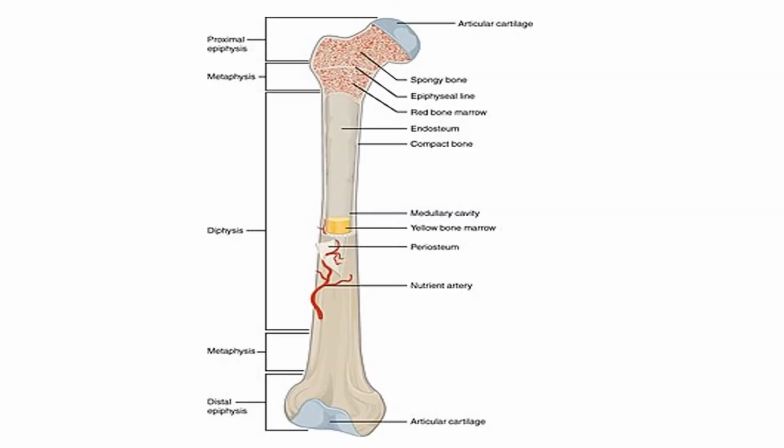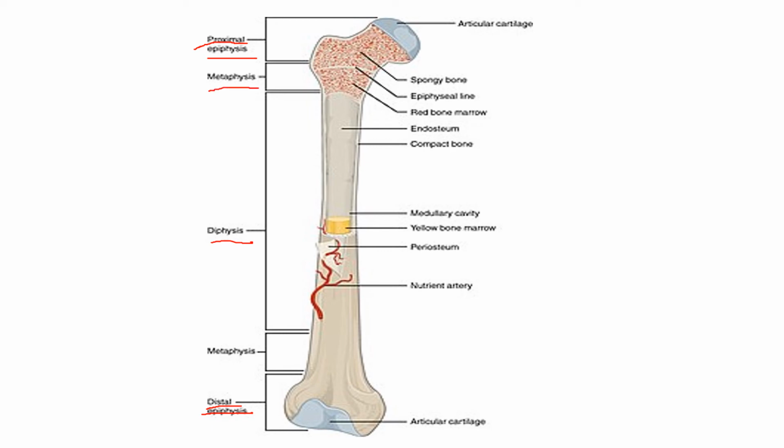Now we have the structure of bone in this image. This part is known as proximal epiphysis and this part is known as distal epiphysis. Proximal epiphysis, and this is diaphysis, and between proximal epiphysis and diaphysis there is metaphysis.